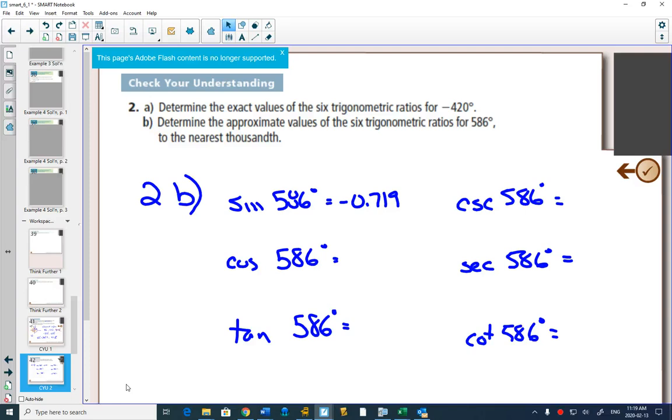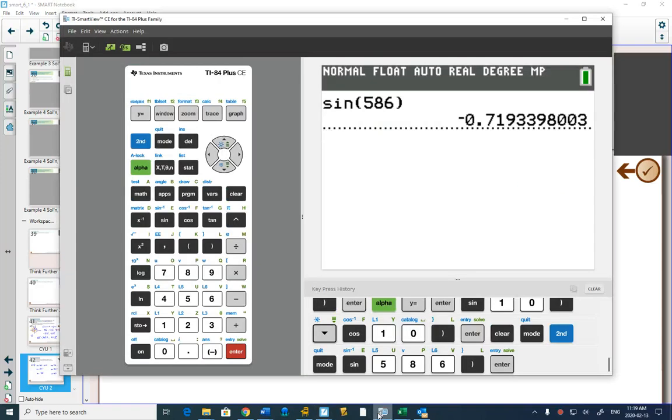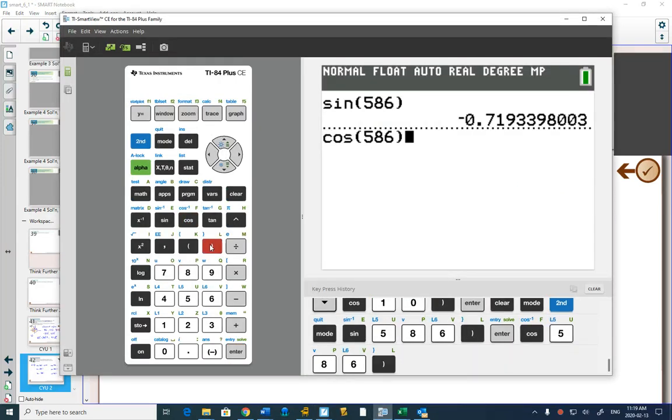We're not doing A until after we've done our unit circles, so we're going to skip A for now. In B, for cos of 586, again, go to our calculator, cos 586, push enter, negative 0.695.